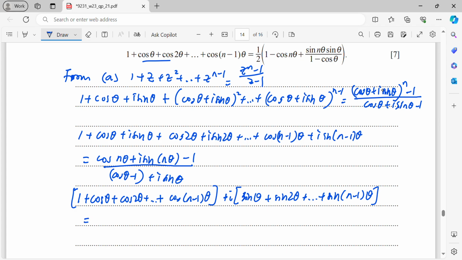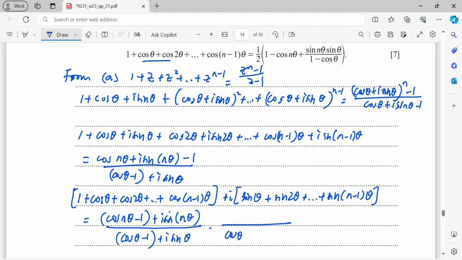So this is going to be, for the right hand side, I need to times the conjugate. So cos n theta minus 1, then this is my real part, plus I sin n theta over cos theta minus 1 plus I sin theta, I times the conjugate. Conjugate is cos theta minus 1 minus I sin theta.